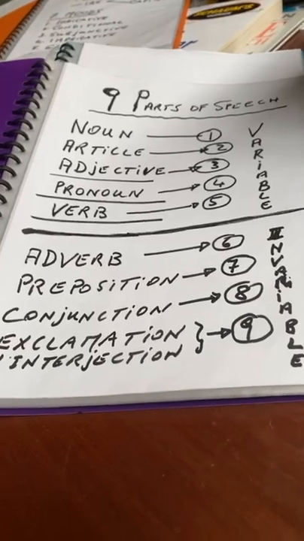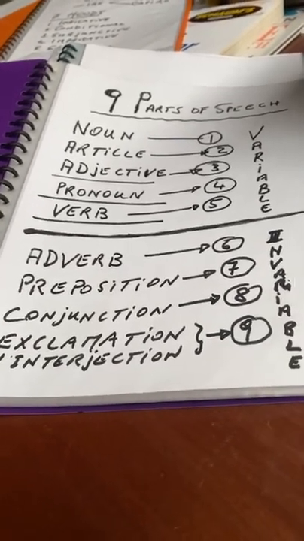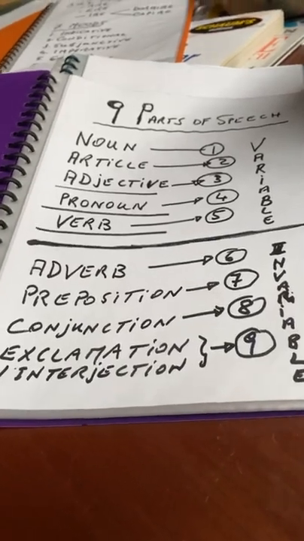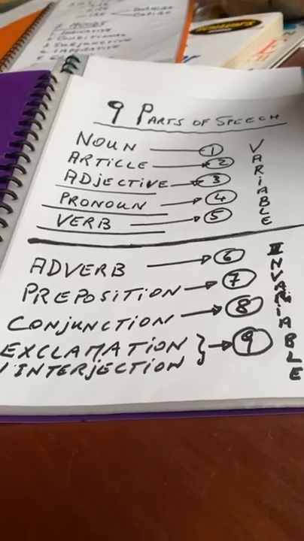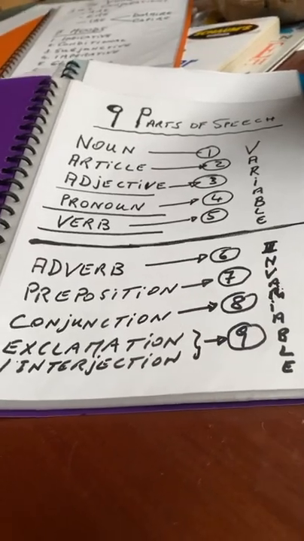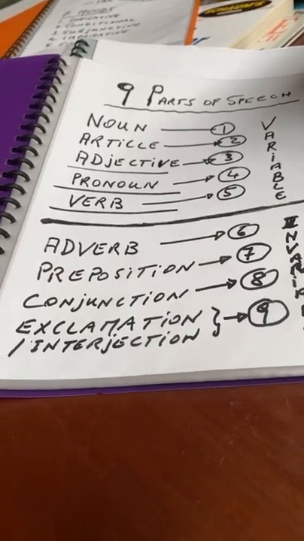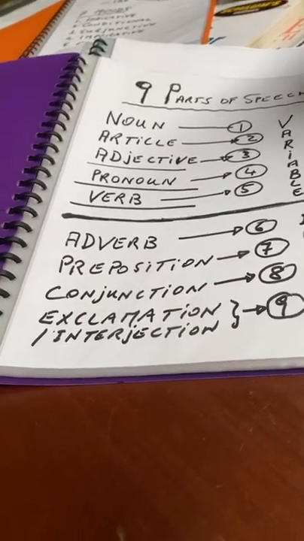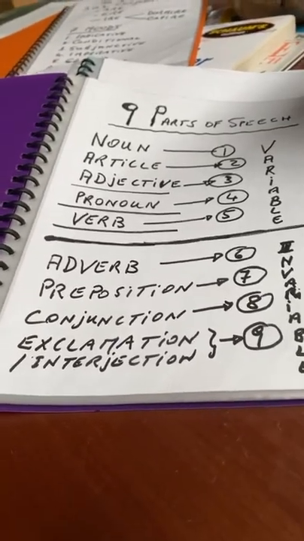The conjunction, and, but, things like that. The prepositions, to, at, of, in, and there are many, many examples. So I've done some of those, and you can make a list of the adverbs, the prepositions, the conjunctions, and the exclamations. You'd be surprised how many there are, but they're not infinite.